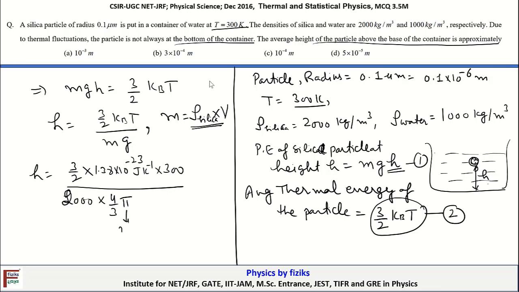You can take pi as 3.14, and r cube is the given radius, 0.1 into 10 power minus 6, which becomes 10 power minus 7 meter, so 10 power minus 7 cubed, and then multiply by the acceleration due to gravity, g equal to 9.8 meter per second square. After evaluation, you will note that this comes out to be equal to 3 into 10 power minus 4 meter. Therefore B is correct here.